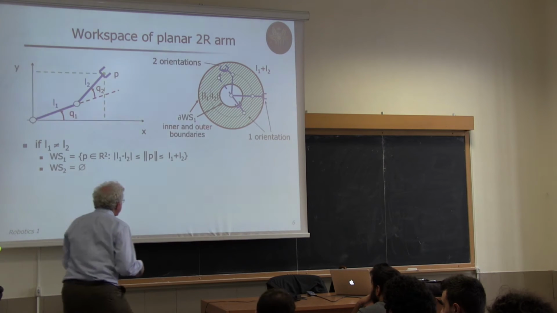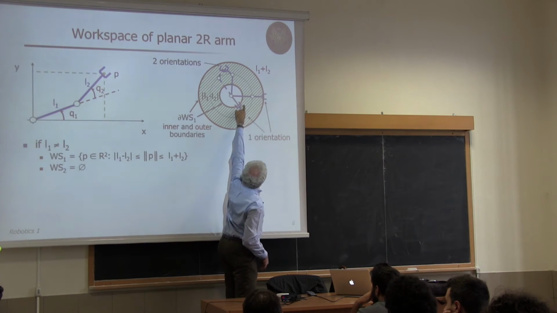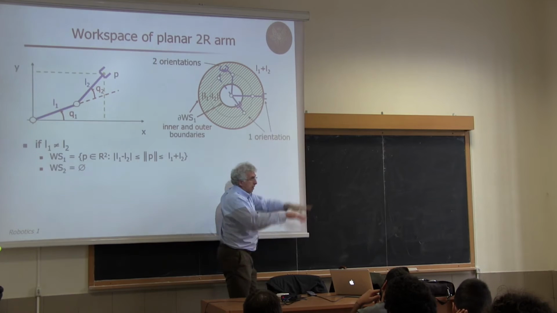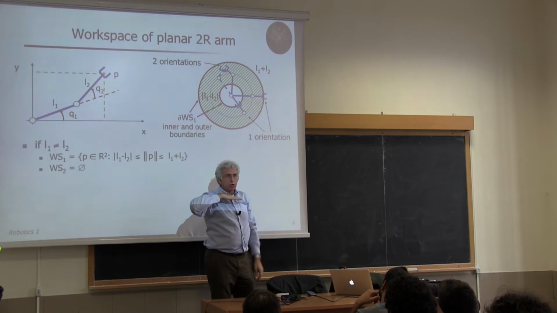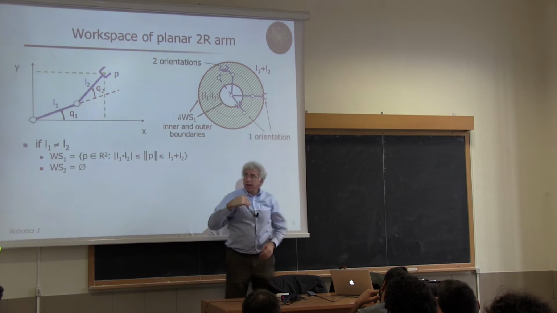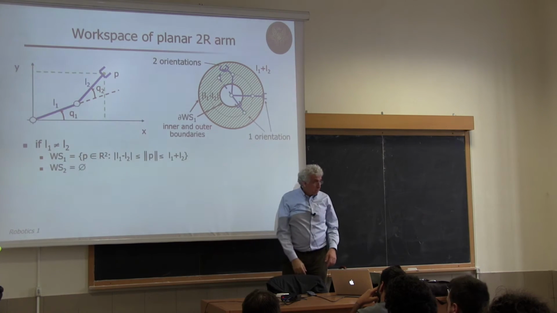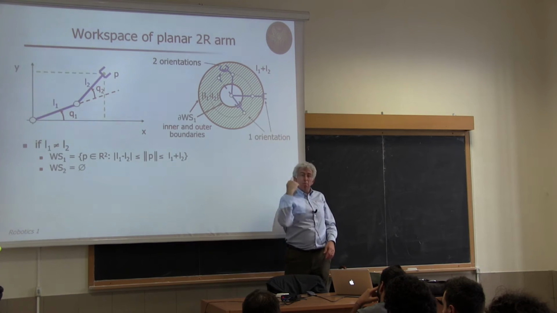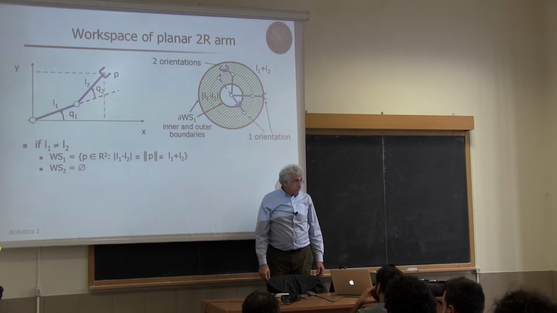So I'm describing, for instance, I stretch here and then I'm describing this set of points. I'm folding the arm along a radius that goes through the origin. And of course I cannot reach the origin in general because the two link lengths are different. So when I completely fold it, I still have a hole here.